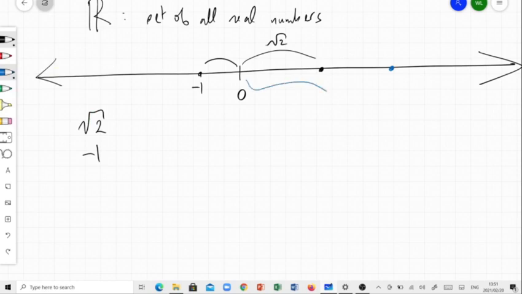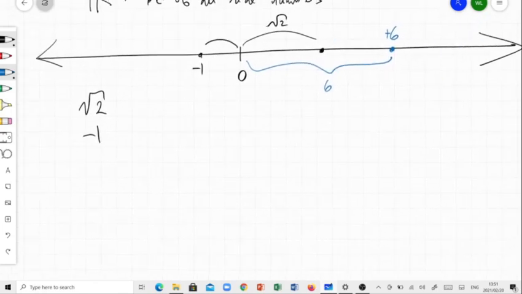I just measure the distance, which let's say is 6. Then it's to the right, so I'm going to call it plus 6. Okay, so it's a single label. So because I only need a single label to address every single point on this real line, this is therefore called one-dimensional space, because you only need one label.